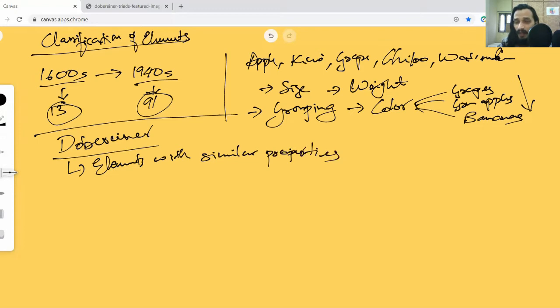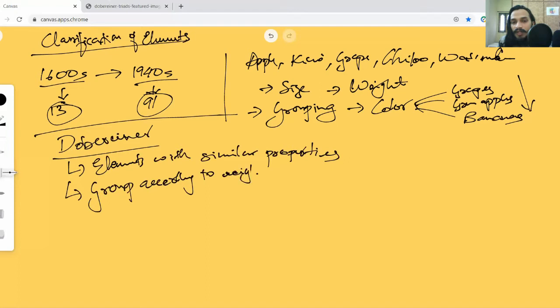Like they might be metals or they might be non-metals. In some sense, they'll have properties that match with each other. And one trend he noticed is that you can group them according to their weights.